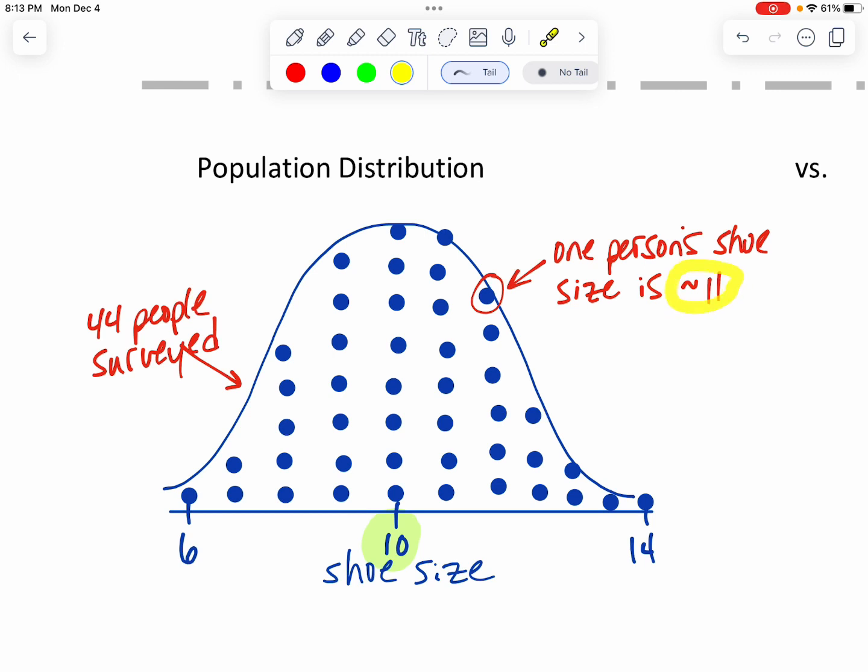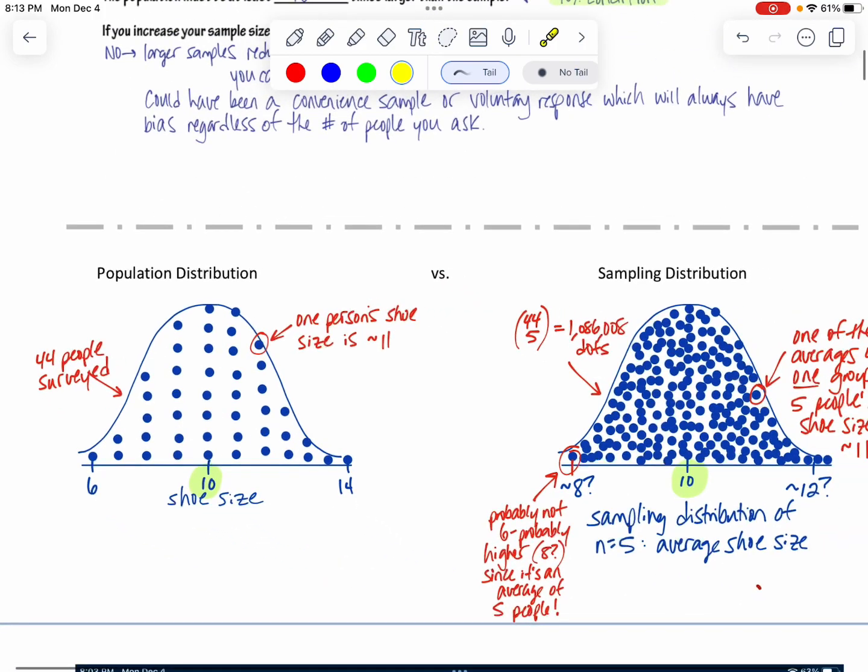I'm guessing based on this dot plot, it's roughly 11. I didn't do a great job labeling my x-axis, but you get the point, okay? I have 44 students. There are 44 dots here, and each dot represents one student. Okay, so Sally has 1 dot, and Jackson has 1 dot, and Stacy has one of these dots, and all of them represent their specific shoe size. We're good? That's review.